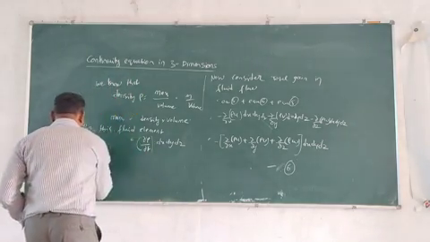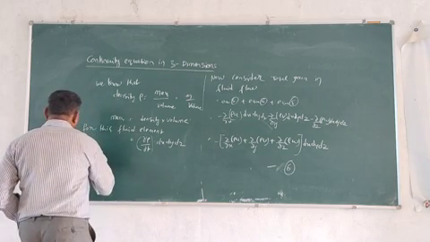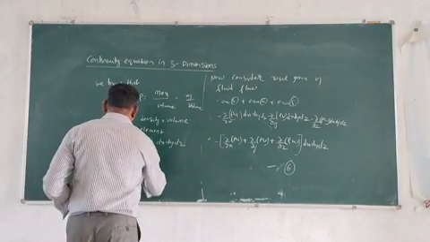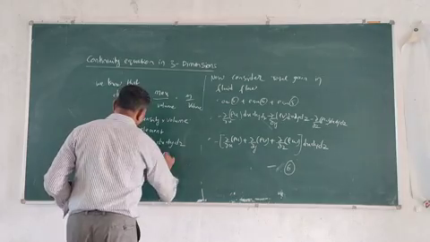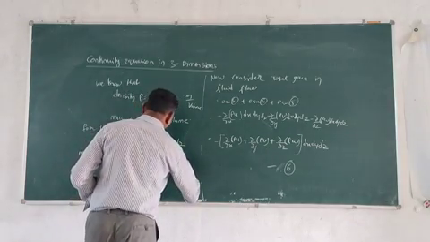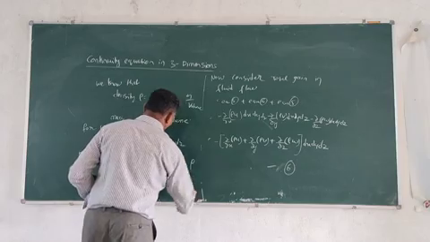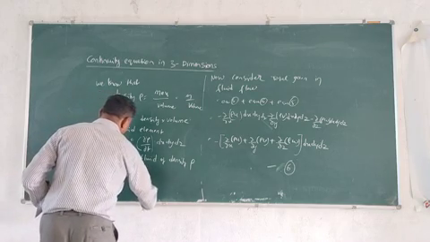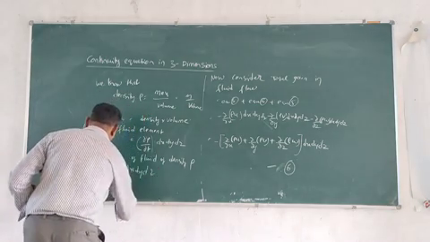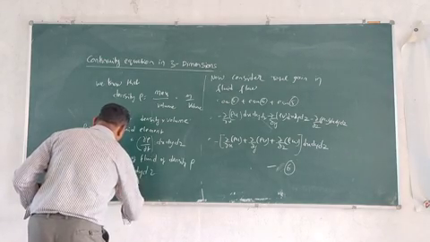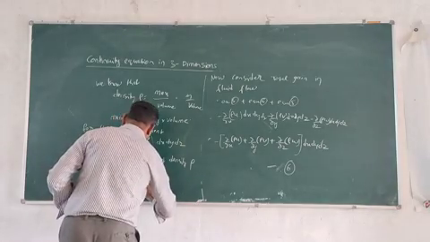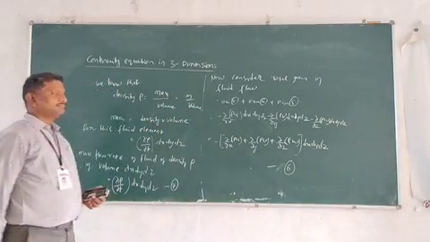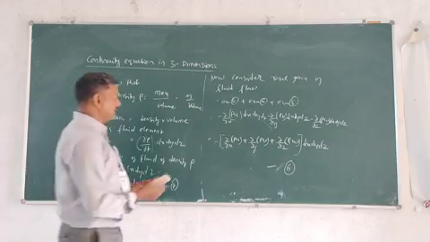So this is nothing but the mass flow rate of fluid of density ρ and volume dx dy dz. This is equal to ∂ρ/∂t into dx dy dz. Assume it as equation 7.